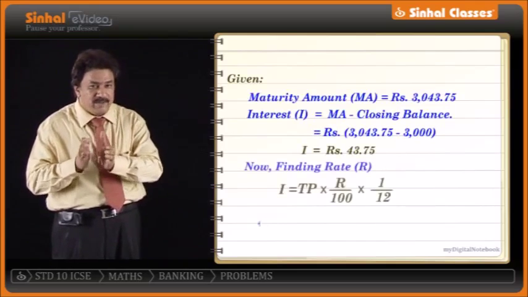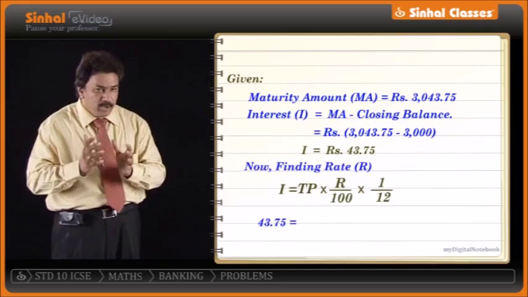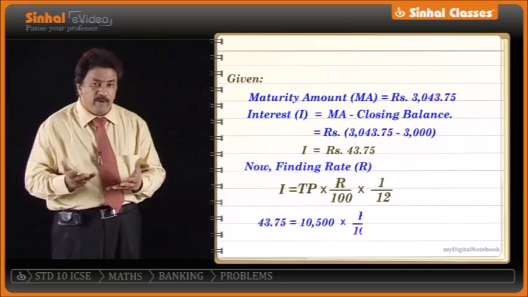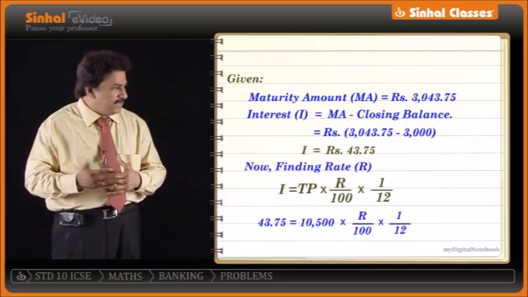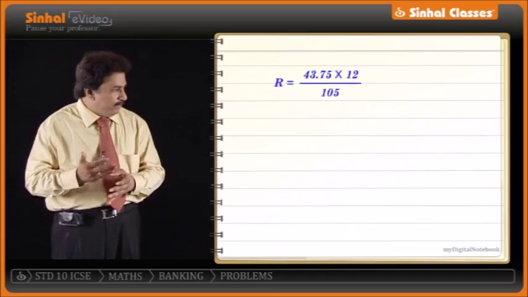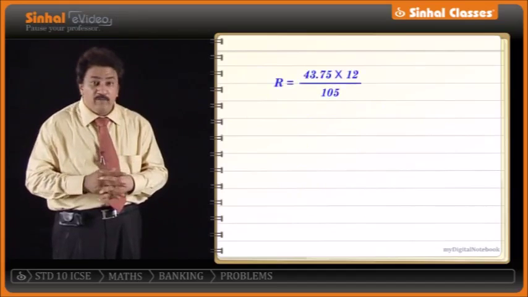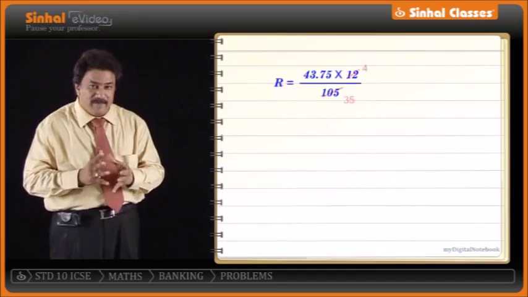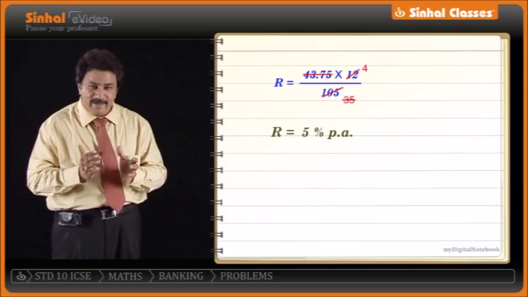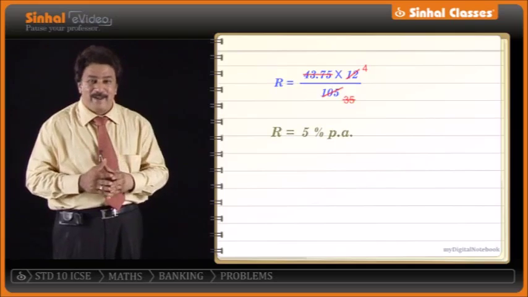So 43.75 is equal to total principal 10,500 into R upon 100 into 1 upon 12. Further simplification gives me R is equal to 43.75 into 12 upon 105. That gives me the rate of 5% per annum. So the rate in this sum is 5% per annum.